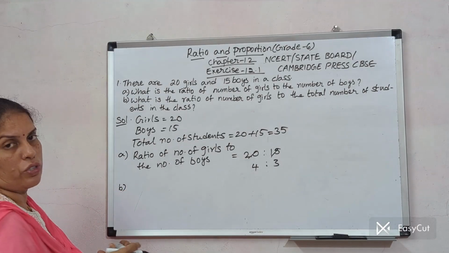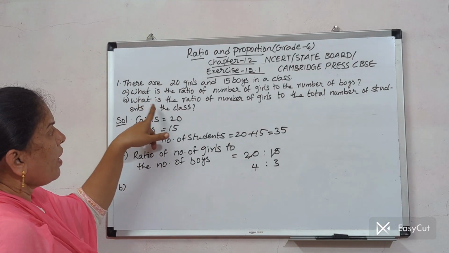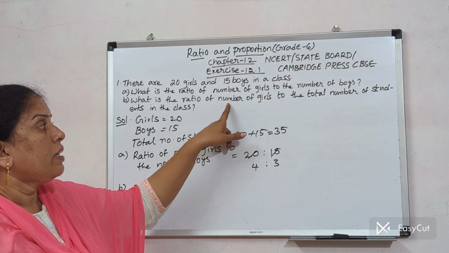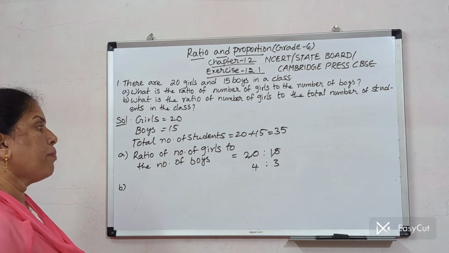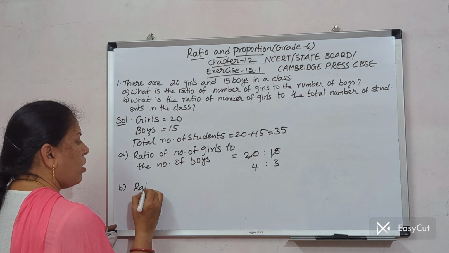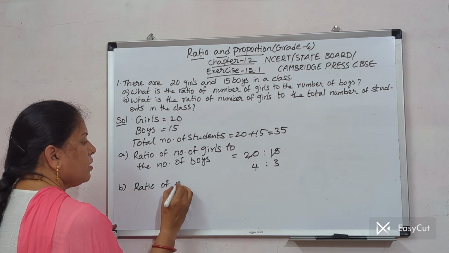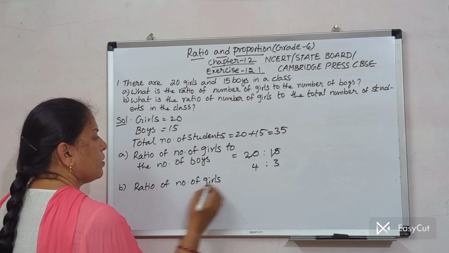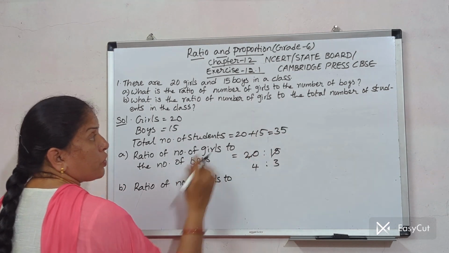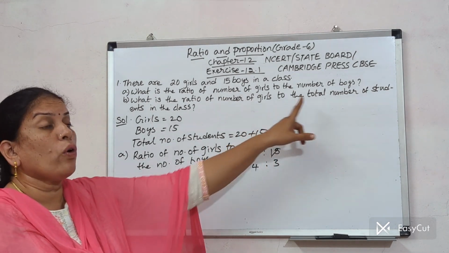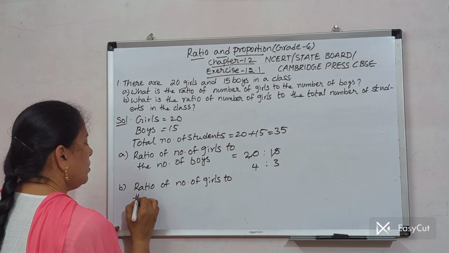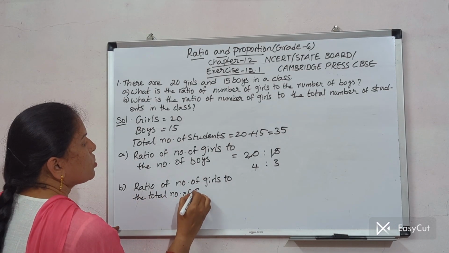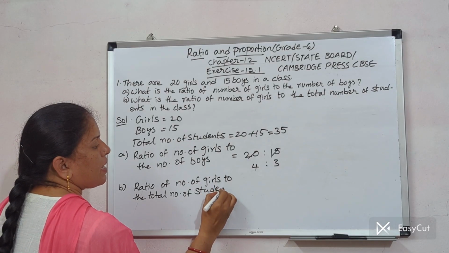We will go to the next question. They are asking you to find out the ratio of the number of girls to the total number of students in the class.